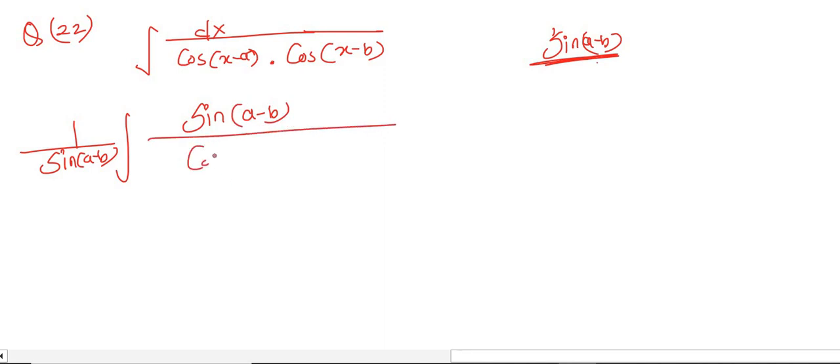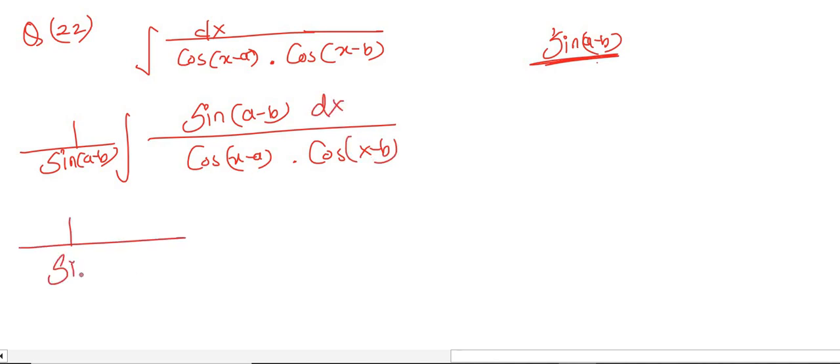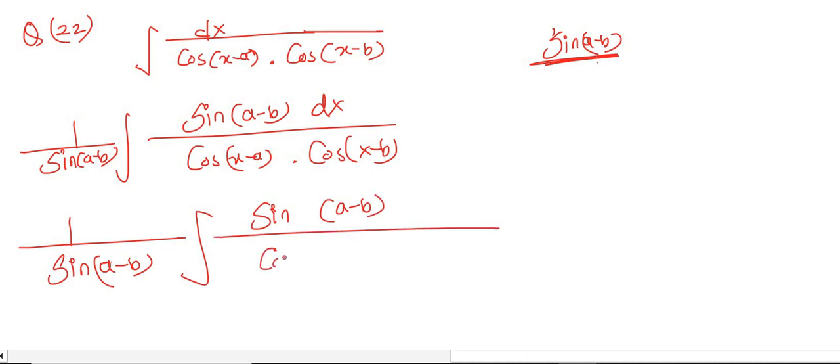You will see why I am doing it. There is a reason behind it. Okay, just see what we are doing. Now here it is 1 by sin(a minus b), times sin(a minus b) by (cos x minus a) into (cos x minus b). Correct?